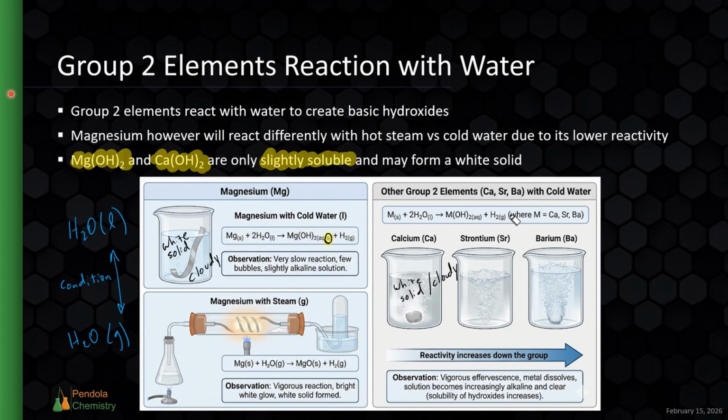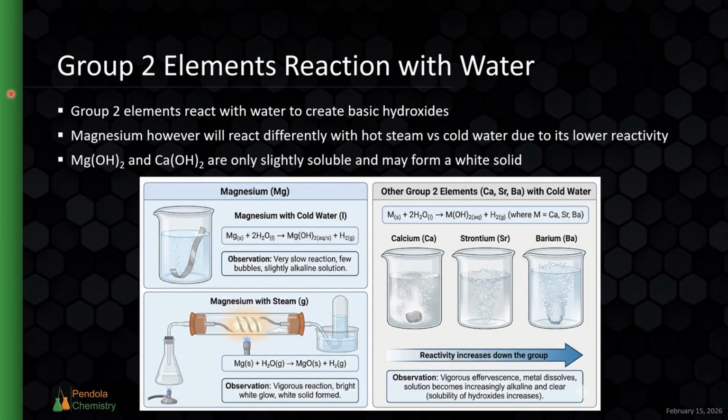It's something that we're going to see recurring throughout the whole section, where the state of matter of the products depends on their solubility rules, on whether these products are soluble or not. Something that we need to start to learn and to memorize. But like I said, we're going to talk a little more about this as we go through this. So just for now, remember, magnesium hydroxide and calcium hydroxide are only slightly soluble in water, and so they might form a white solid, or sorry, not precipitate, a cloudy look when they're products.